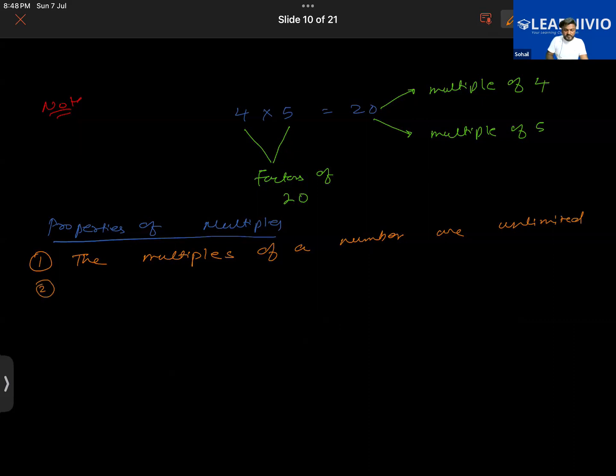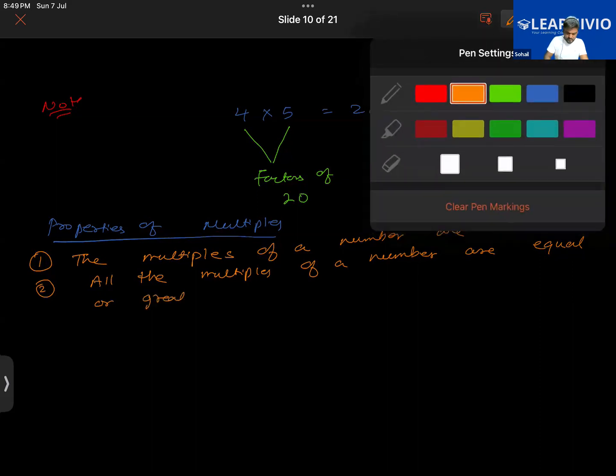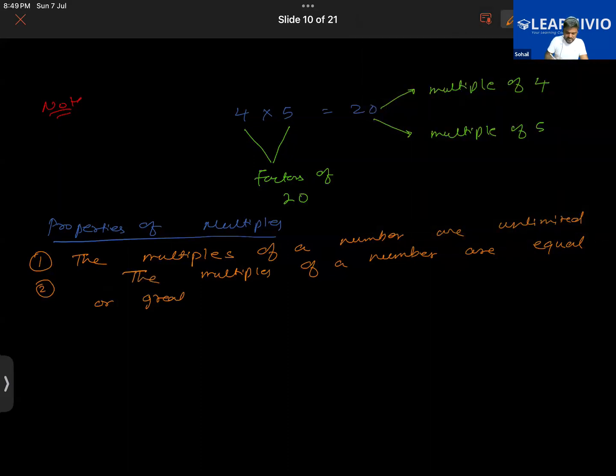Furthermore, the multiples of a number are equal to or greater than it. That is the second property of multiples. These are the two main properties of multiples. Hope you have understood this. Is that clear to you?